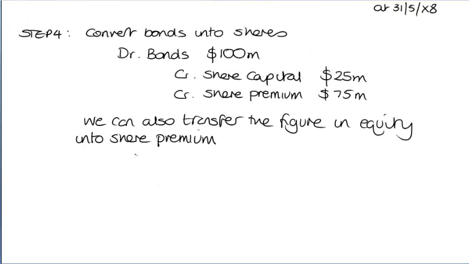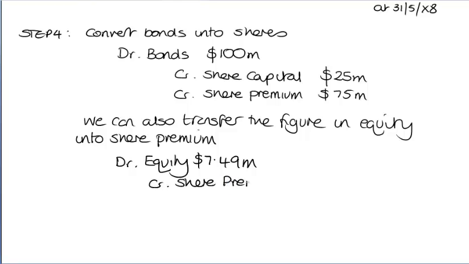So what I'm now going to do is debit equity 7.49 million and credit share premium 7.49 million. So that's note 1 dealt with. Quite a lot to deal with there for 6 marks. But it is a process which you can follow.